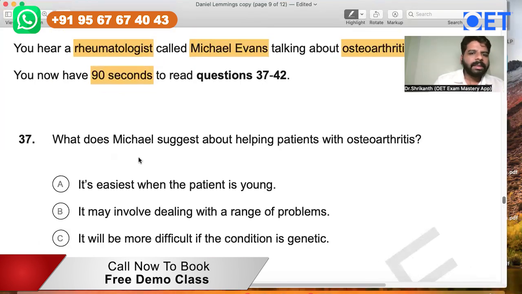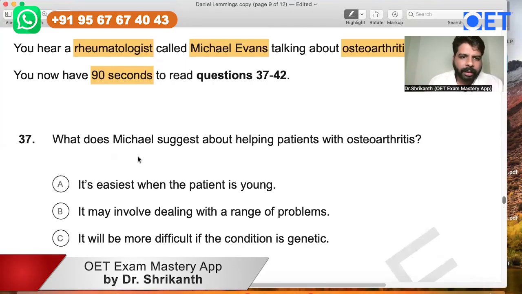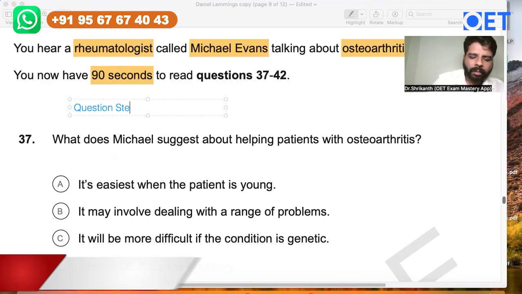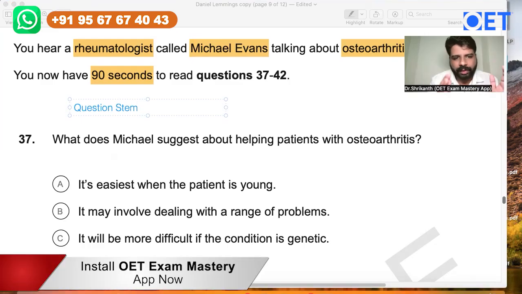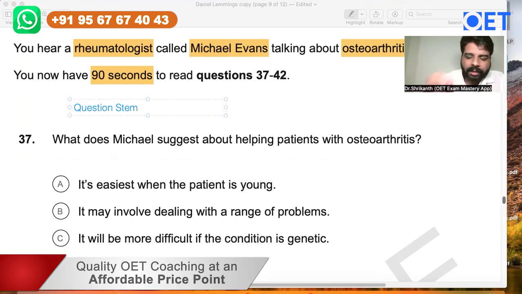So let's take a look into the question. What does Michael suggest about helping people with osteoarthritis? So what is the question stem over here? Let me just type the question stem. If you identify the question stem, automatically you will be ultra focused. You can ignore all the useless information, because in OET, a lot of distracting information will be there, and you will be able to ignore it if you understand the question stem.